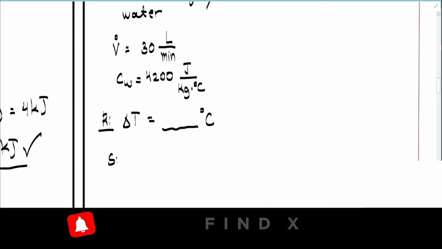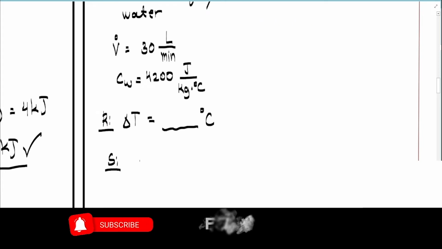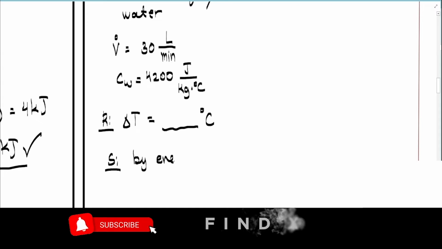For the solution here, what we can do is an energy balance. So what will happen here?